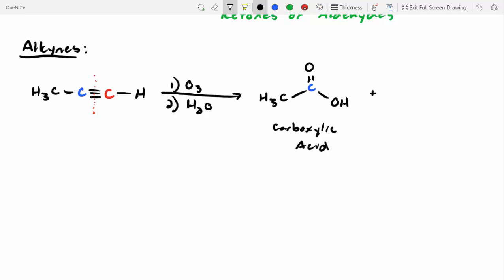And then that red carbon, what do you think it might become if we over-oxidize one carbon? Give you a hint, it causes global warming. CO2. So this red carbon, if it's over-oxidized, will be cleaved off and form carbon dioxide. So this reaction will actually bubble if it occurred correctly.